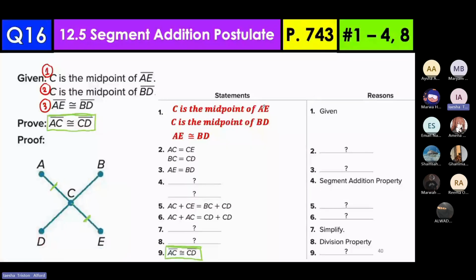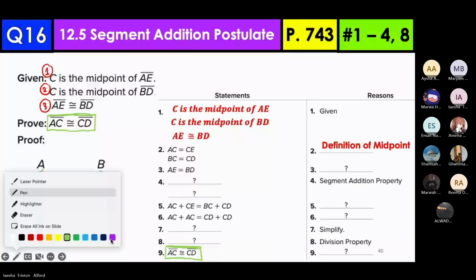C is the midpoint of AE. C is the middle. What happens with the midpoint? Cut here, the left side is the same as the right side. So midpoint. Number 3, you have AE is equal to BD. Why do you think we can put that equal?